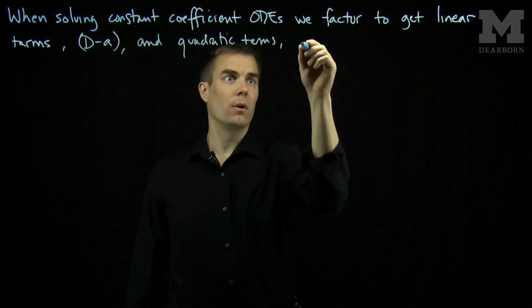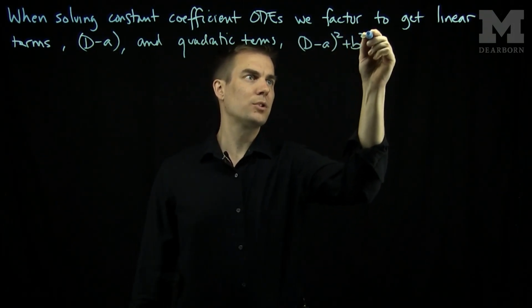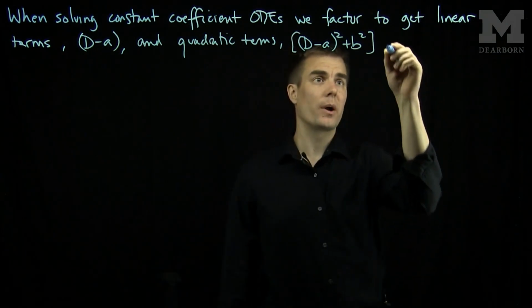And these terms are of the form d minus a squared plus b squared after completing the square.